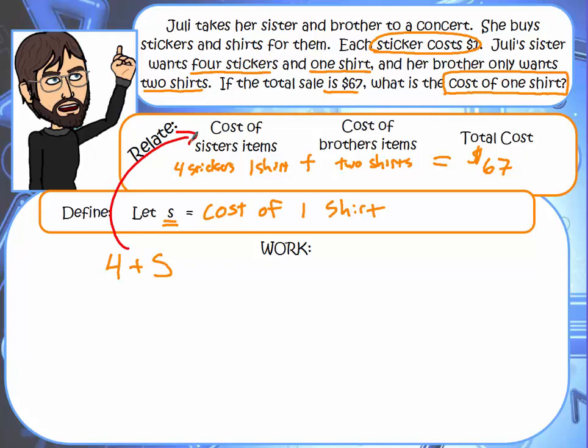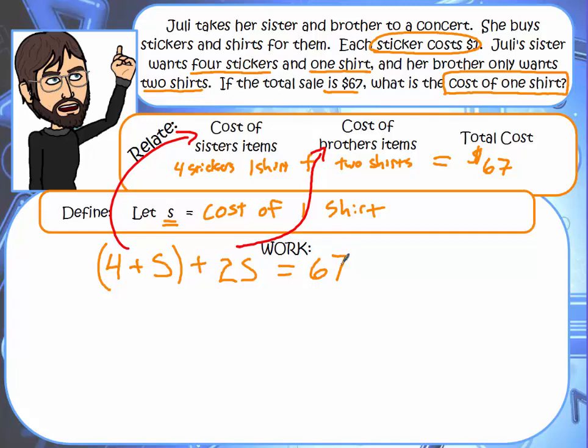Now let's work on the brother. I know this is going to get added together, so I'll put parentheses on that for the sister. The brother wants 2 shirts, so we're going to have 2S. That's the brother's. And then that equals the total cost of $67.